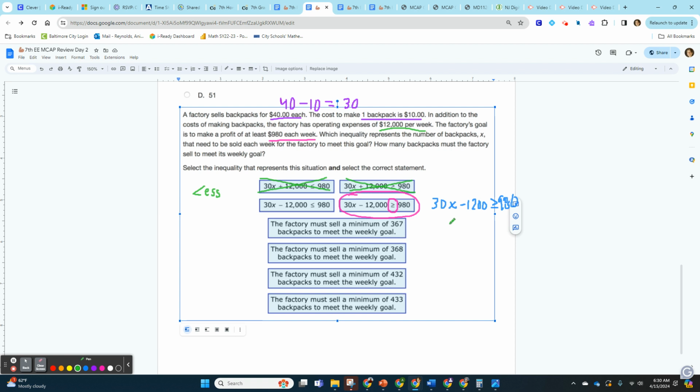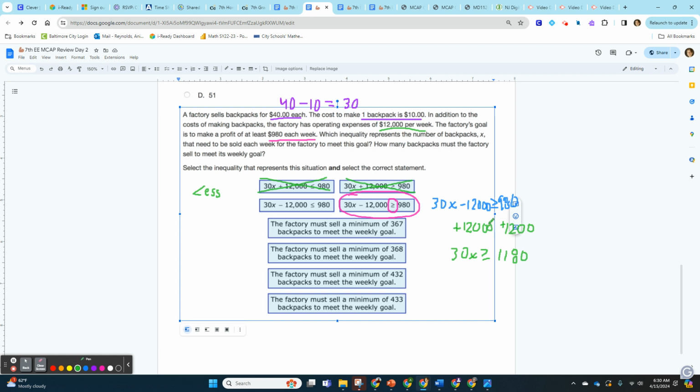Now, just like I've been solving my equations, inequalities solve the same way. The only difference is you flip the symbol if you had to multiply or divide by a negative amount. So first I'm going to add 1200 to both sides, and I get 1180 is greater than 30x. Oops, and you know what happened? I accidentally forgot this zero.